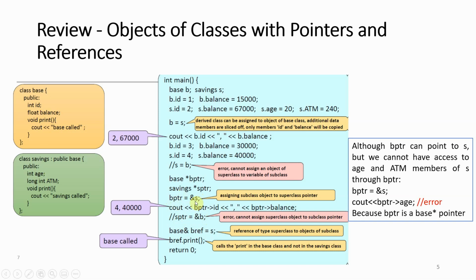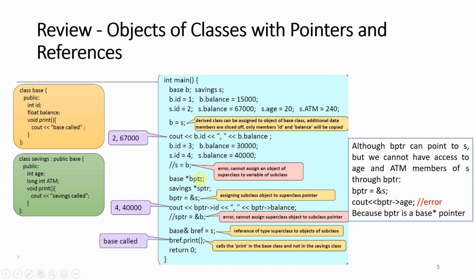You have to keep in mind, and this is the main point of this lecture, that this BPTR, the way we defined it, is a base star variable. It's a pointer to a base object kind of variable. So it does not have access to age and ATM of S, right?